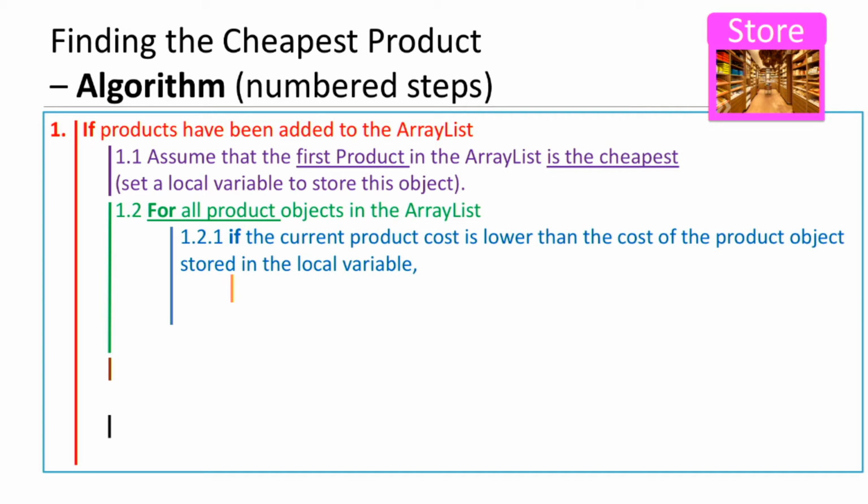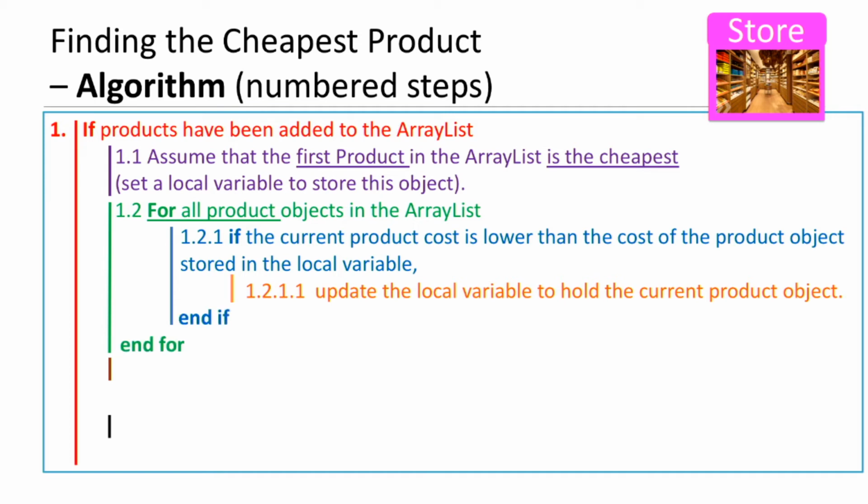If the current product cost is lower than the cost of the product object stored in the local variable, then we're going to update the local variable to hold the current product object. Otherwise, we don't do anything. Once we get to the end of that list, so we've finished visiting each element in the array list, we're then going to return the name of the cheapest product.